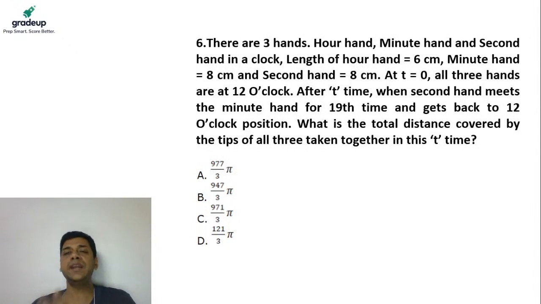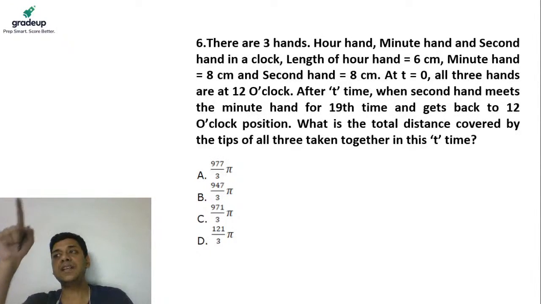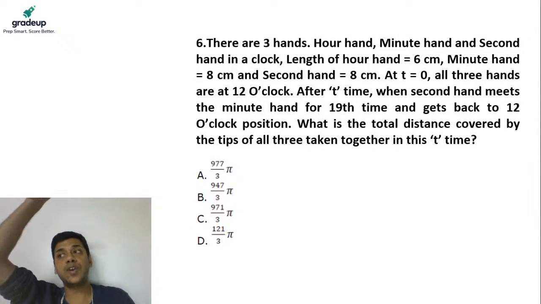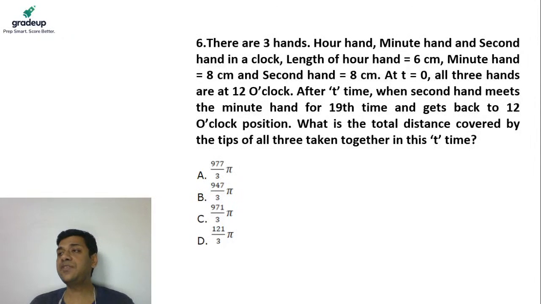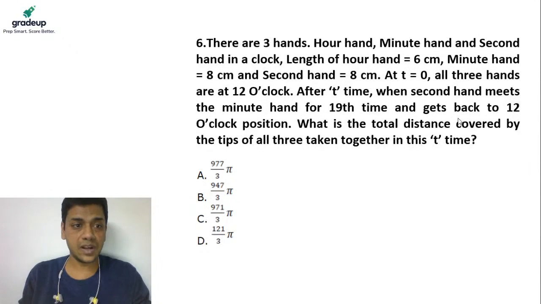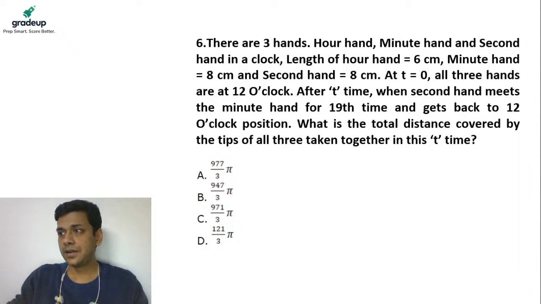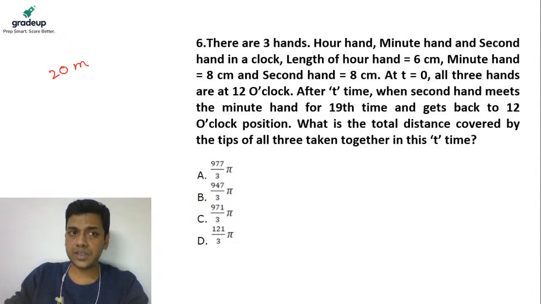The 19th time they will meet after 19 minutes and something. And when second hand is moving back to the 12 position, it actually means it is completing 12 full rounds. So basically the total time is 20 minutes.